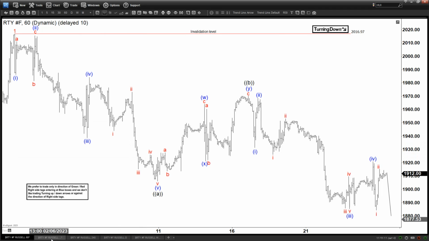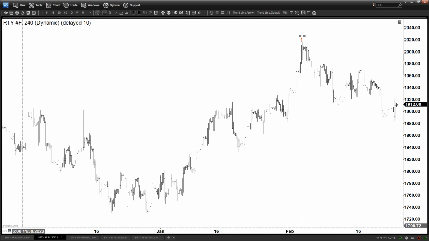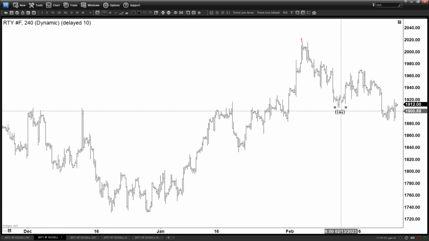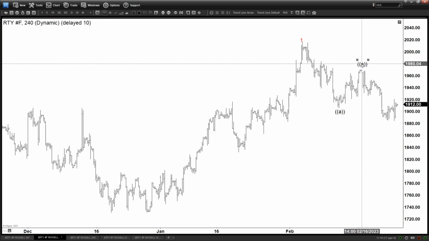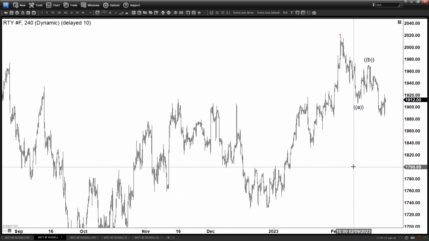Now, in terms of the potential target lower, we can take a look at the 4-hour here. So let me copy this one here. This is your 1 over here. And then you got an A and a B here, which is this A and a B here, right? Based on this count, this is the Russell in the 4-hour time frame.